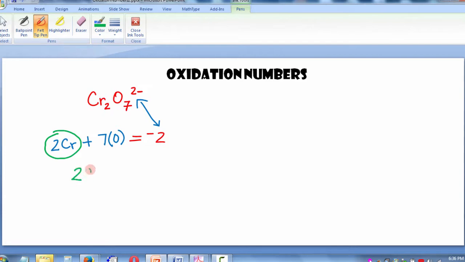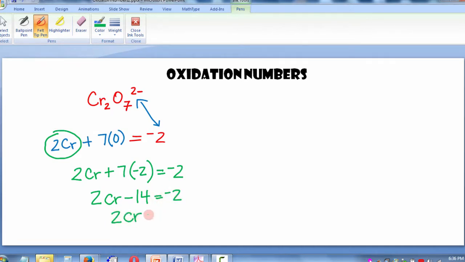So we can write 2Cr plus 7 times a minus 2 must equal what? Minus 2, because it must equal the charge of the ion. So 2Cr minus 14 equals minus 2.